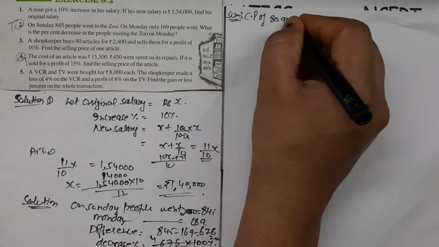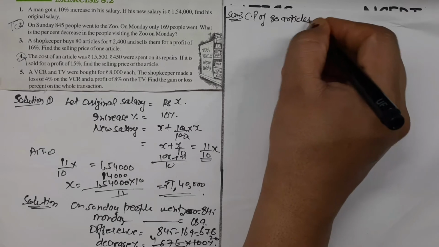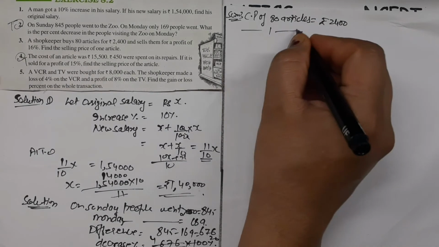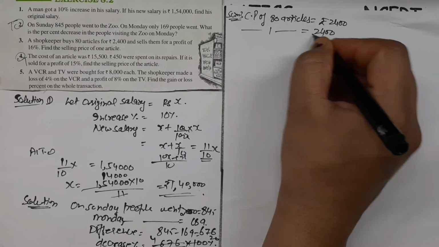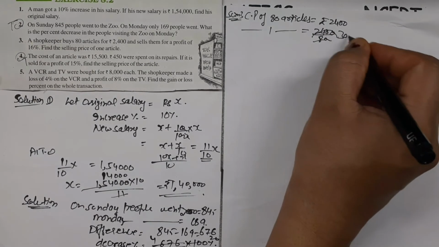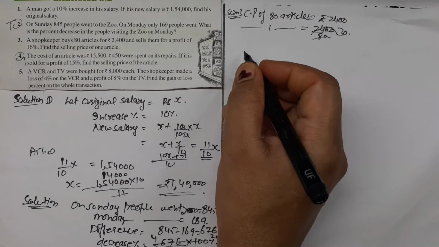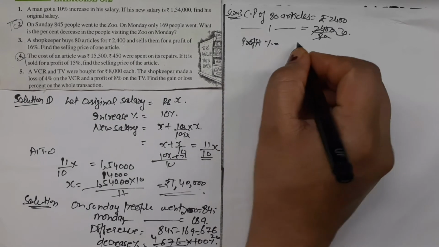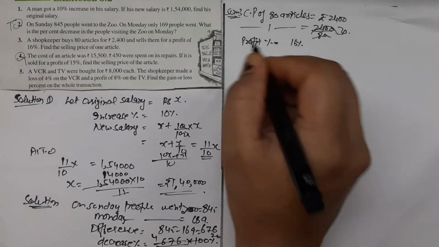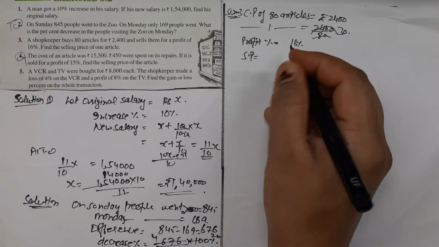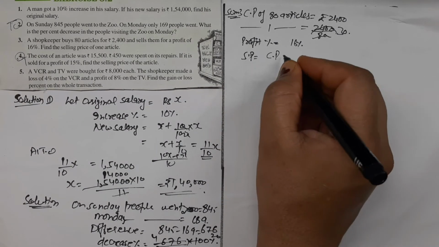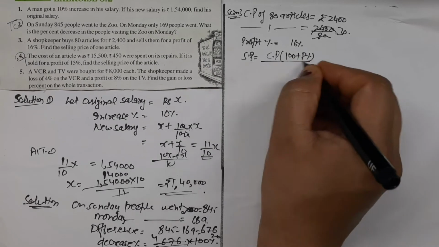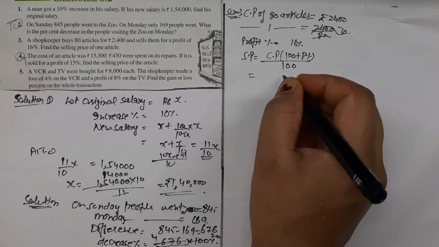CP of 80 articles, CP of one article, profit in percent, SP. Apply formula: CP into 100 plus profit percent by 100.